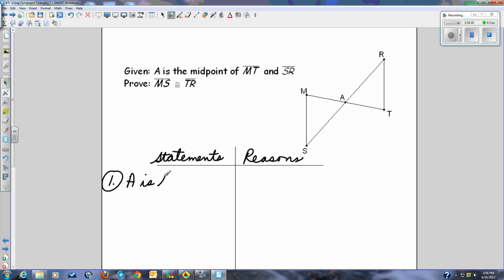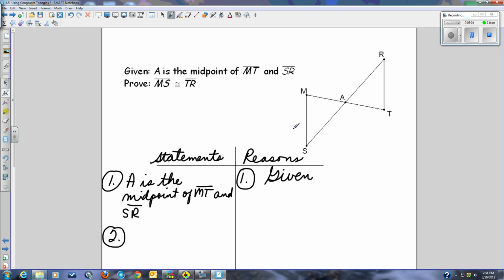A is the midpoint of MT and SR. The reason we can say that is it's given information.